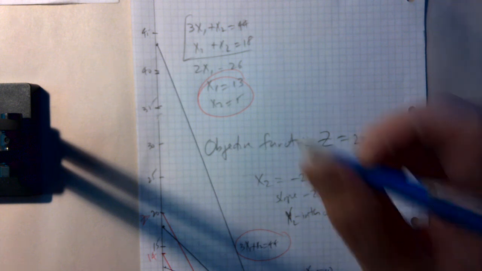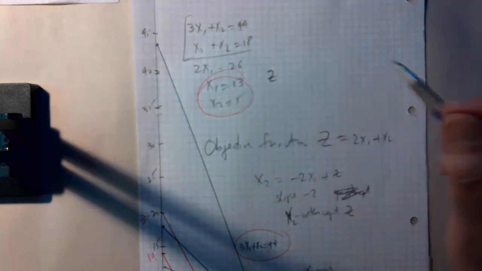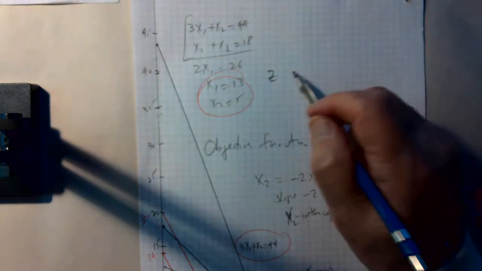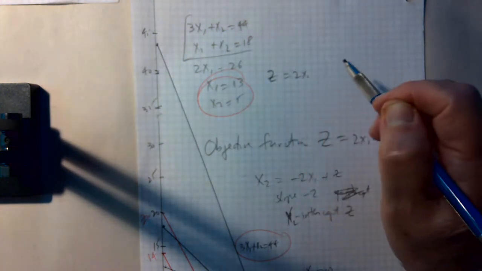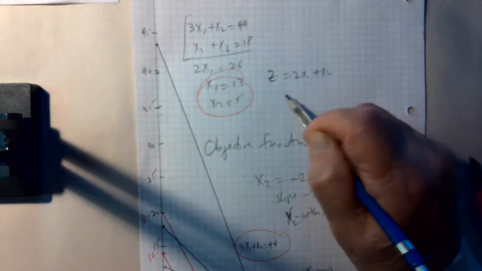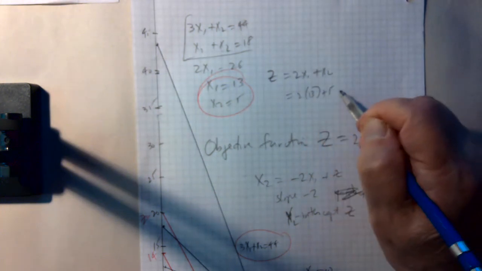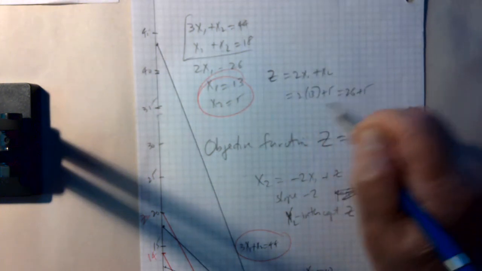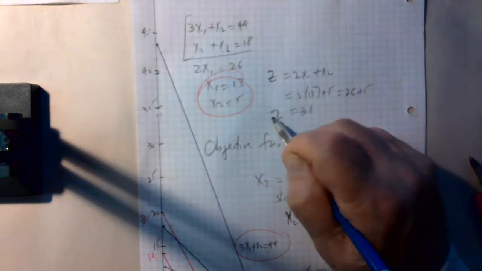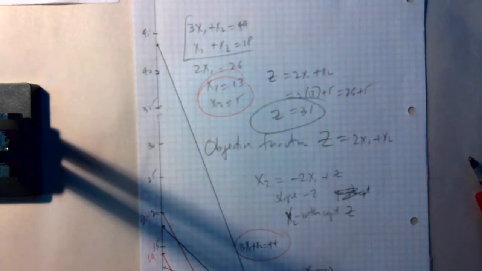And on this point, the objective function, 2x1 plus x2, has the value 2 times 13 plus 5 is 26 plus 5, or 31. So that's the answer to the problem.